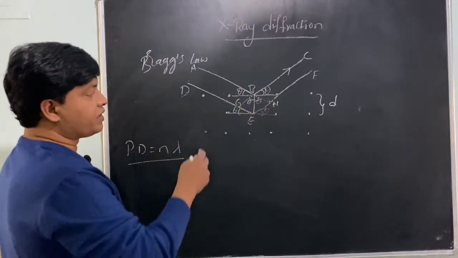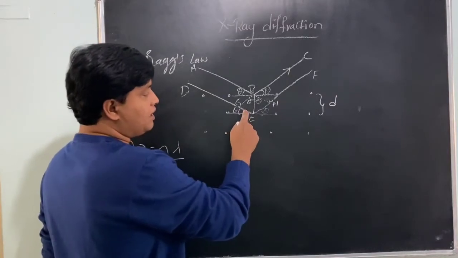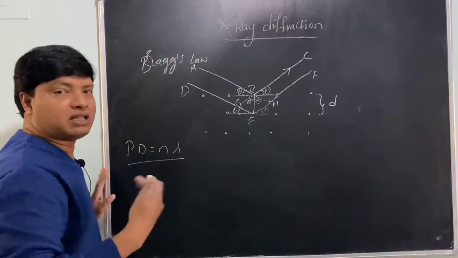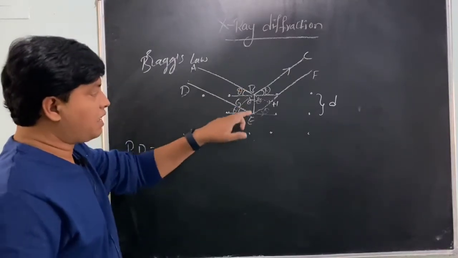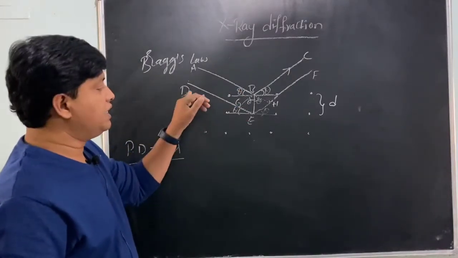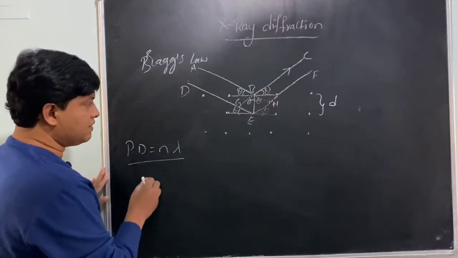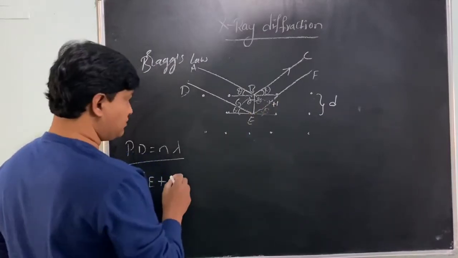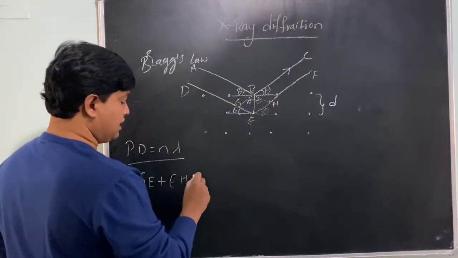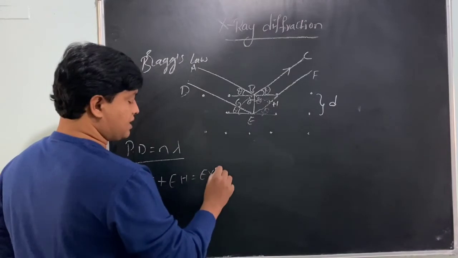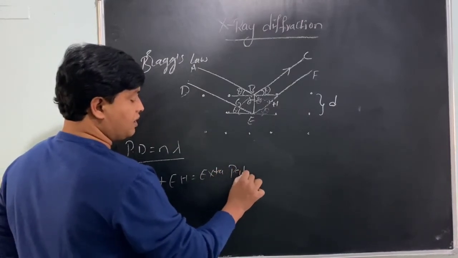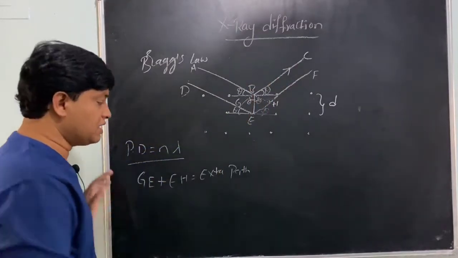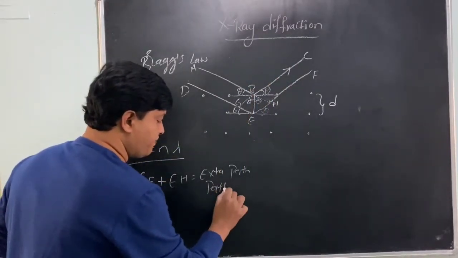So the extra path traveled by your D, E, F, we call it the path difference. The difference in the path taken by D, E, F is GE plus EH, the extra path traveled by D, E, F. You can say this is the path difference.